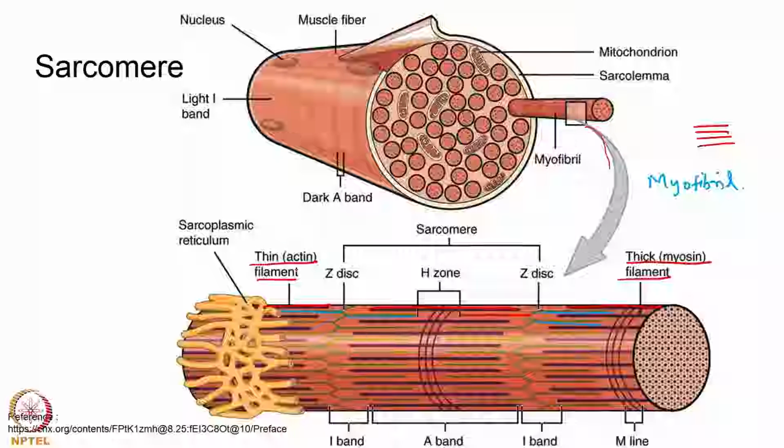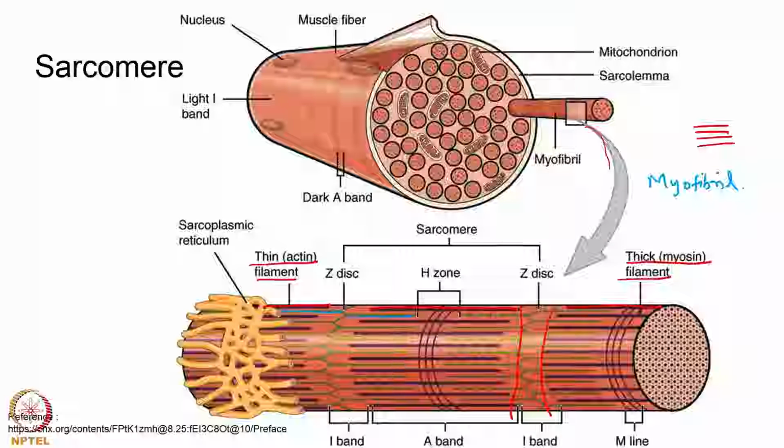So, the area where both the thick filament and thin filament are present appears as a darker band, and the area where only the thin filament is present, that zone, is going to appear as a lighter band.